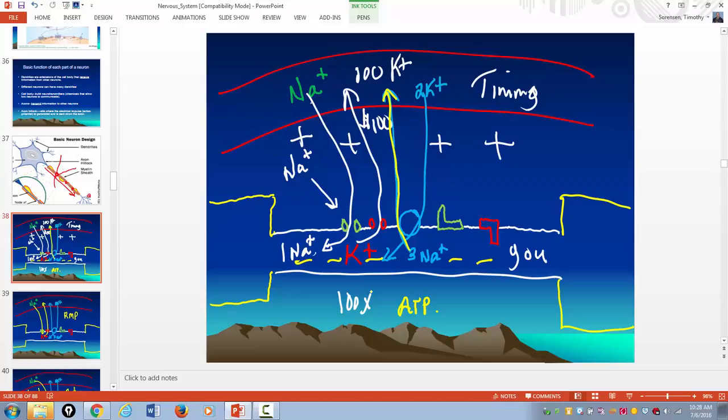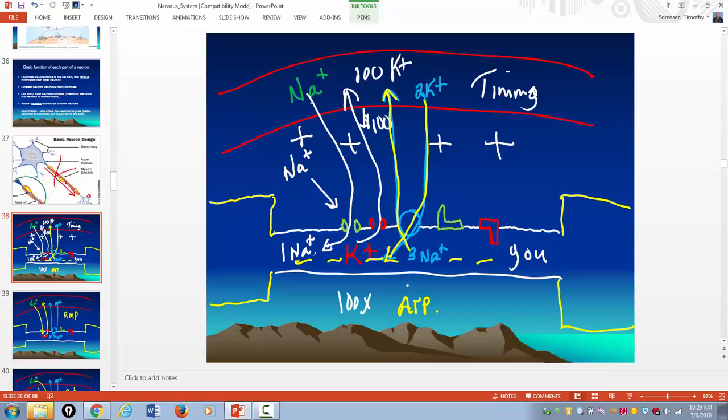Now here's the other thing. When sodium leaks in, it's going to take 3 of them and pump them back out. And the potassium that leaked out, it's going to take 2 of those potassiums and pump them back in. And again, you're working against the concentration gradient because potassium is highly concentrated in the cell.